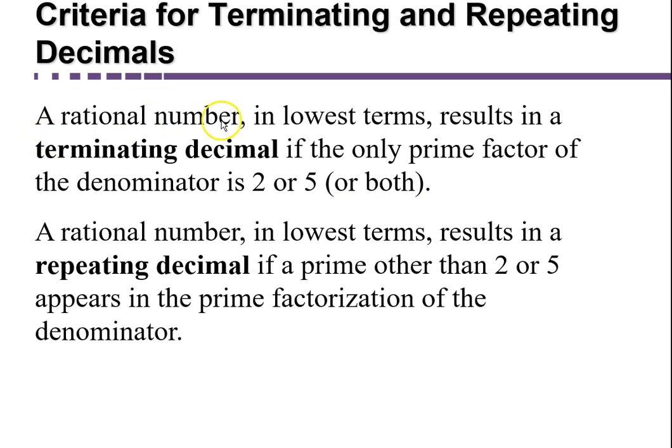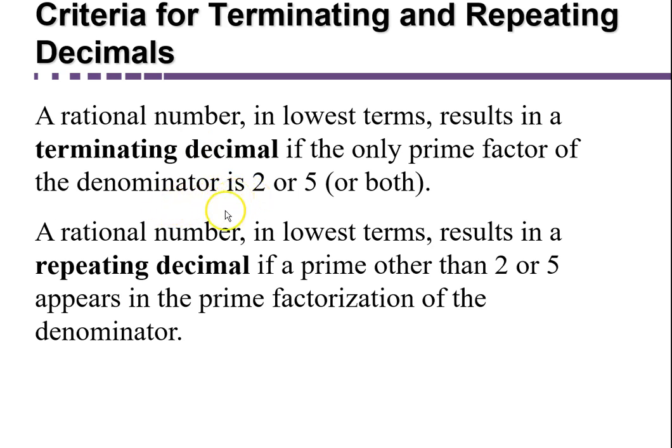We say a rational number in lowest terms, it has to be in the lowest terms, results in a terminating decimal if the only prime factors of the denominator are a 2 or a 5 or both. So it can only have 2's or 5's or both once you get the simplified fraction and you're looking at the denominator.